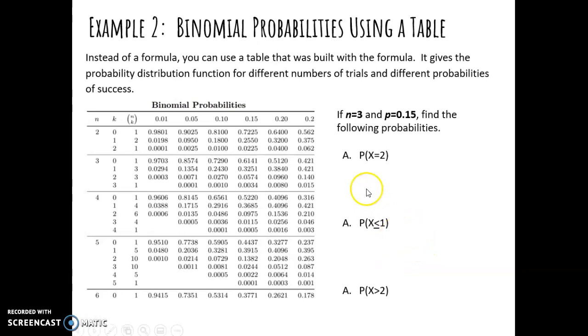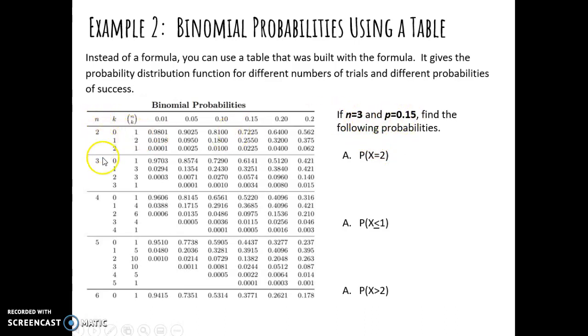Another way to do this is to use a table to find certain probabilities, and you would need to know the number of trials and the probability of a success to find the probability of certain random variables. So what's the probability that the random variable is 2, given that the number of trials is 3 and the probability of a success is 0.15?